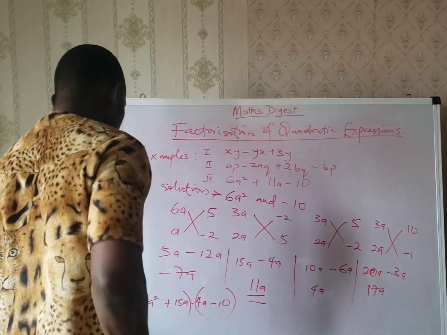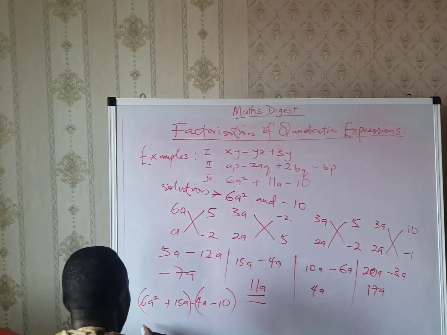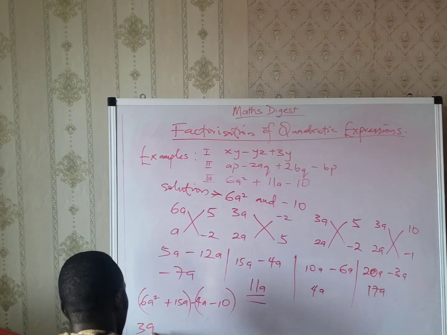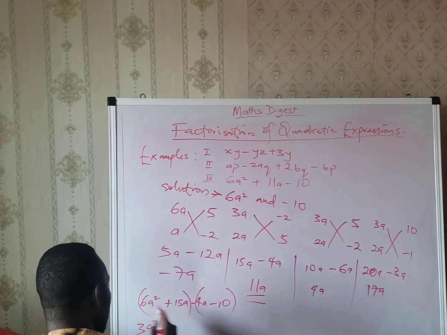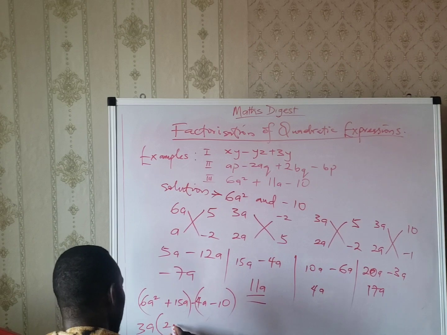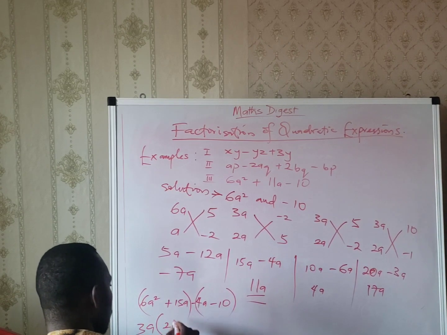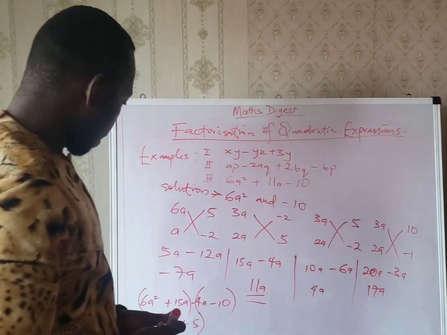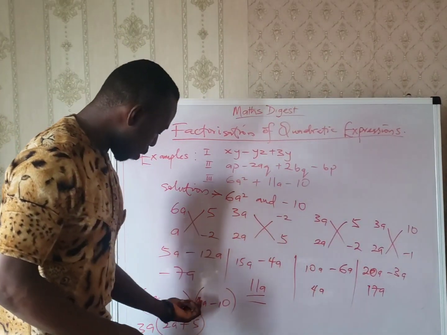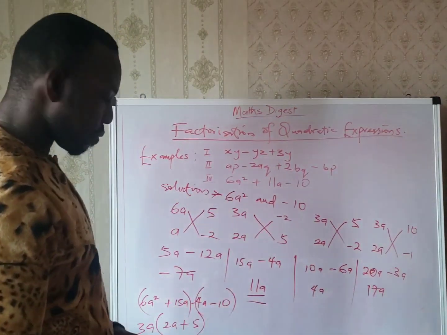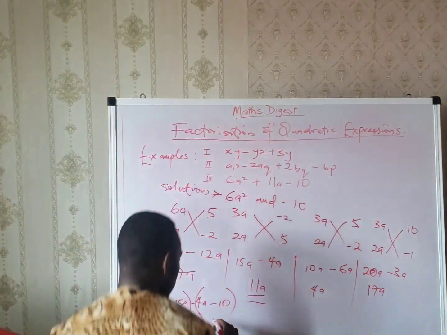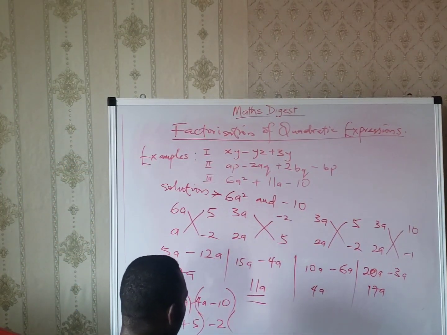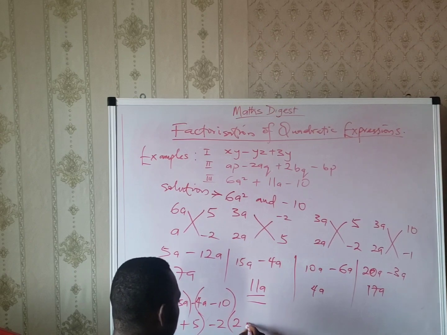We say 3a. So 3a into this we have 2a. 3a into this we have 5. Now we come again here and say, what is the common factor here? We have 2. So we say minus 2. Minus 2 into this we have 2a.